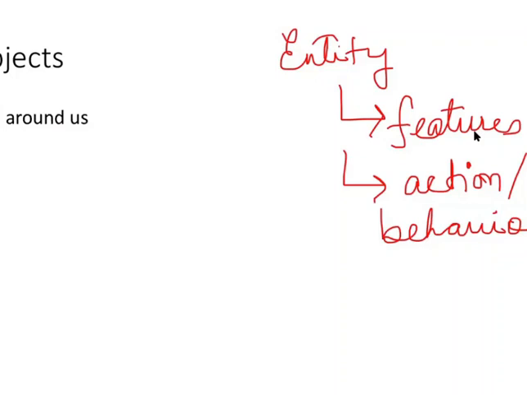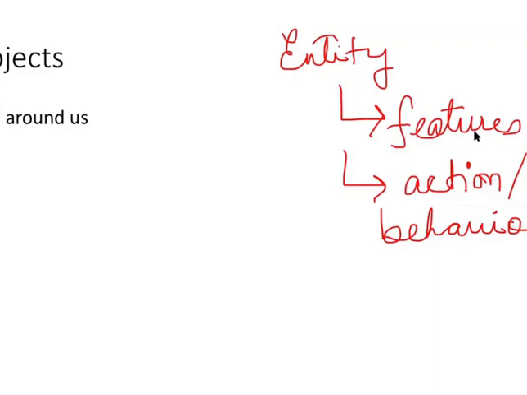You have a name, an age, a color, a gender, hair, color of your hair, color of your eyes. All these describe you. And there is some behavior, you can perform some actions. So the whole world is nothing but objects.